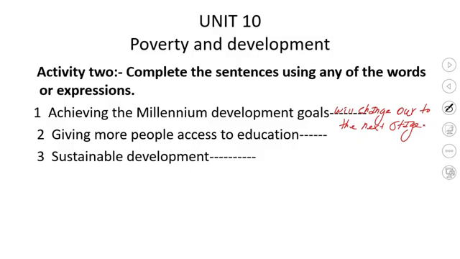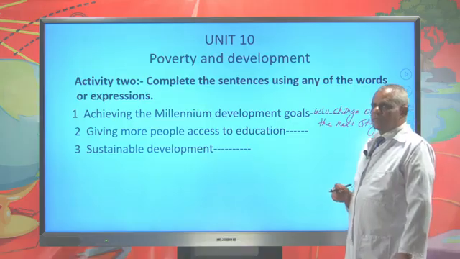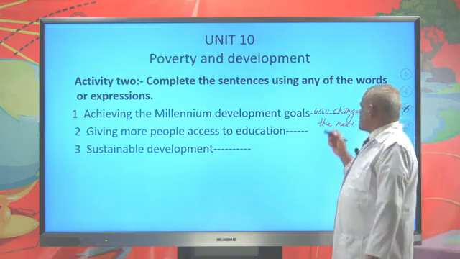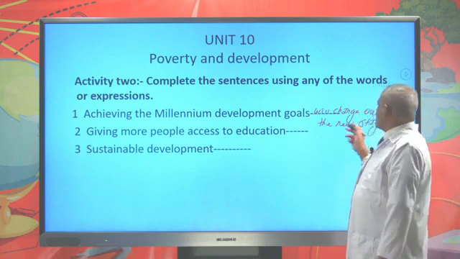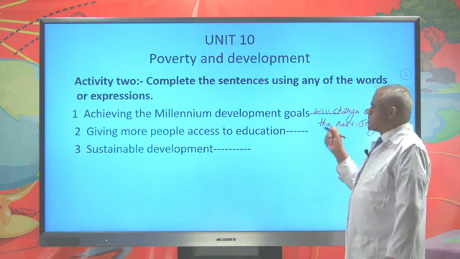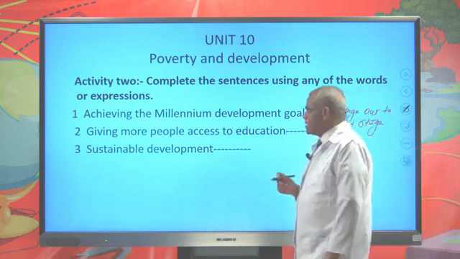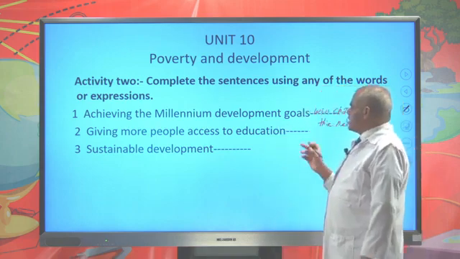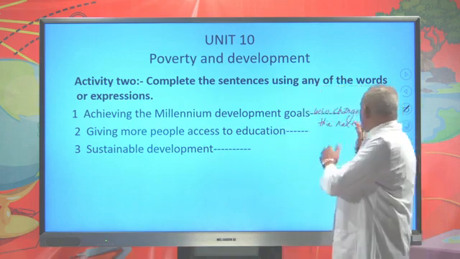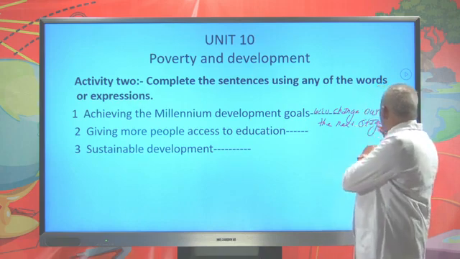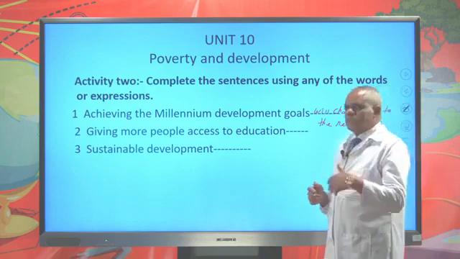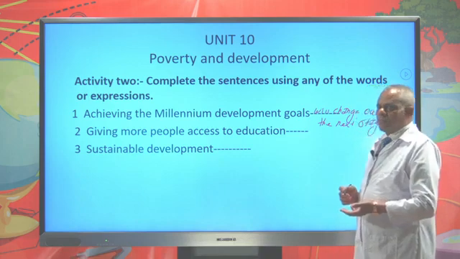Yeah, if you like, you can complete it in such a way. So in such a case, as we achieve the Millennium Development Goals, we will change our country to the next stage is also possible.